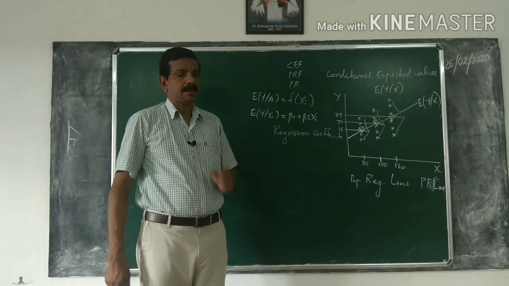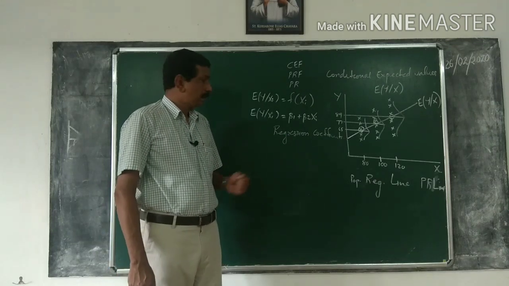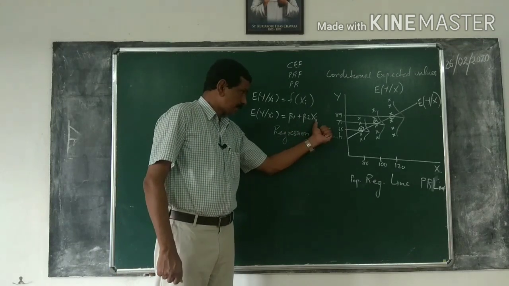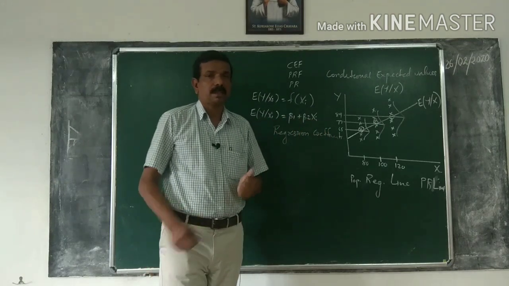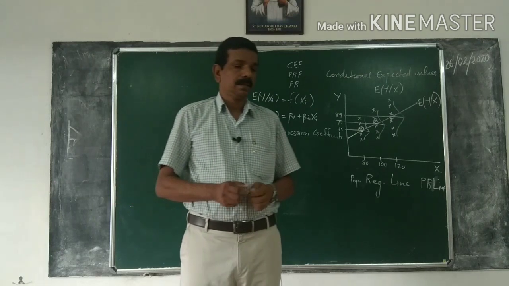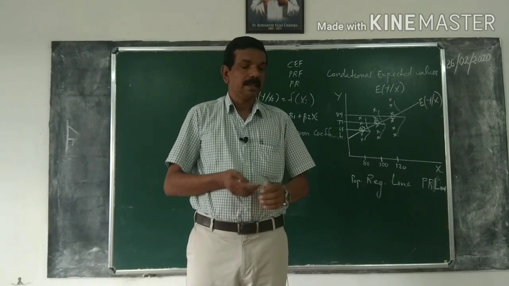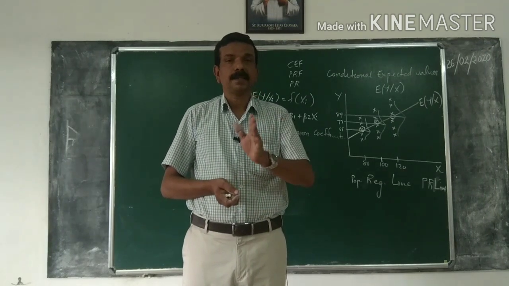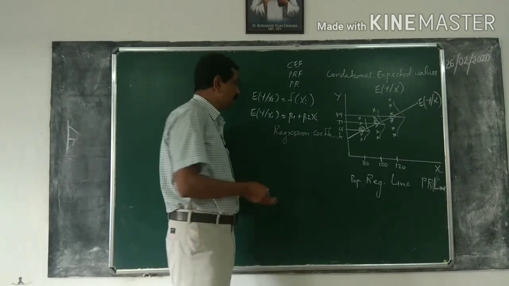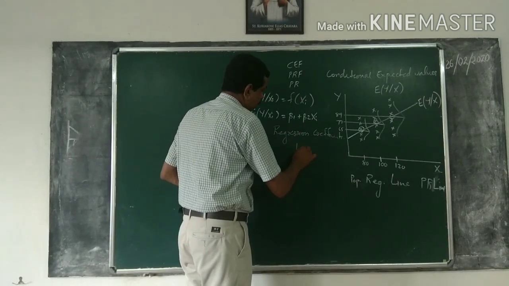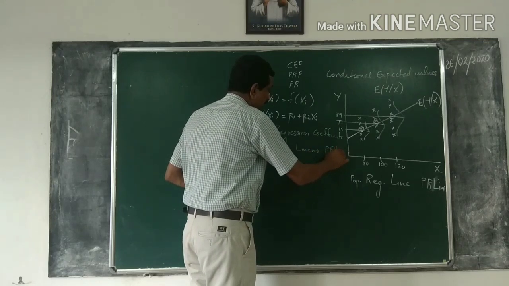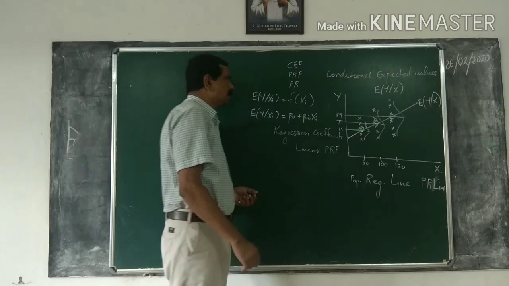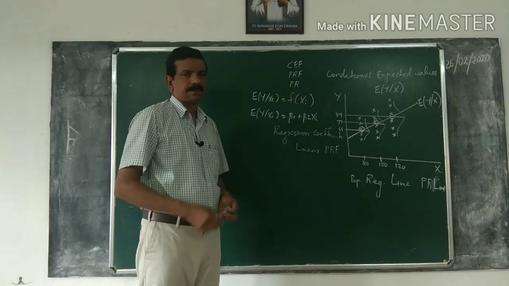And in econometrics, this equation, expected y given xi is equal to beta 1 plus beta 2 xi, is known as the linear population regression function, or simply PRF.